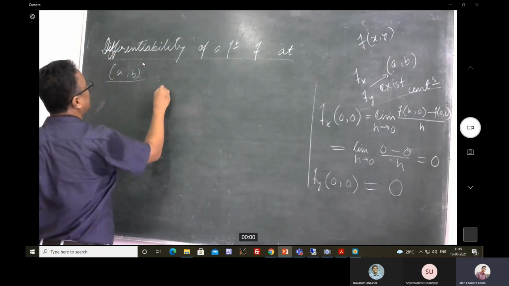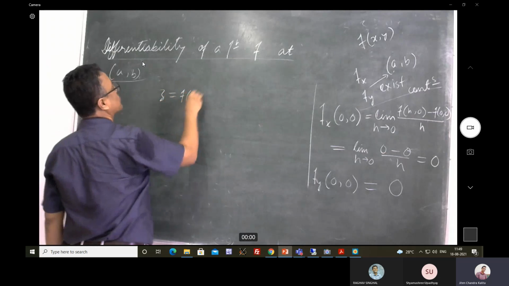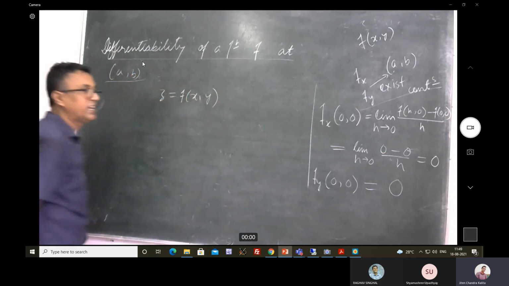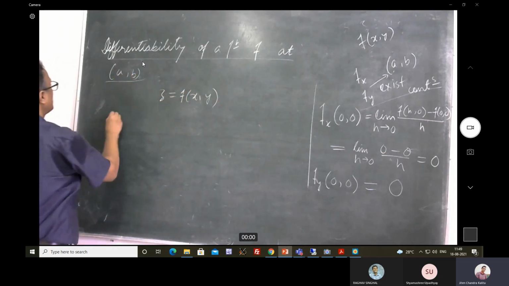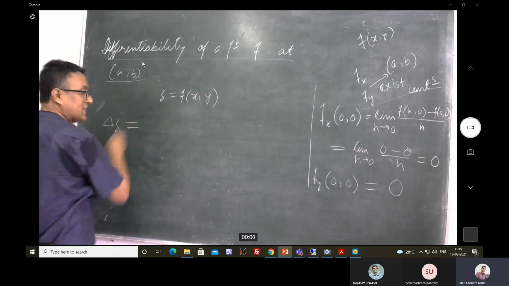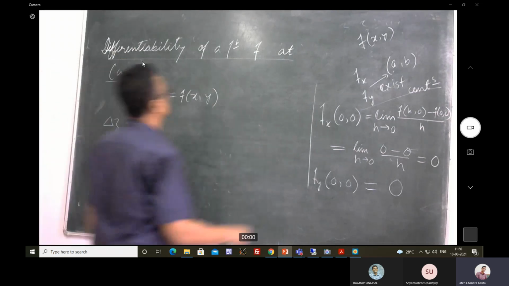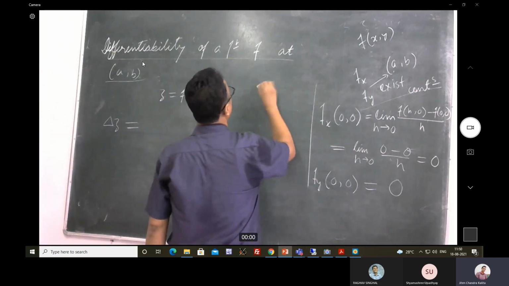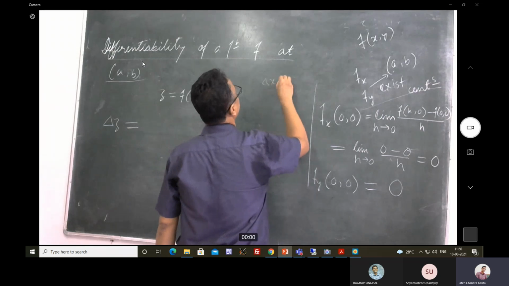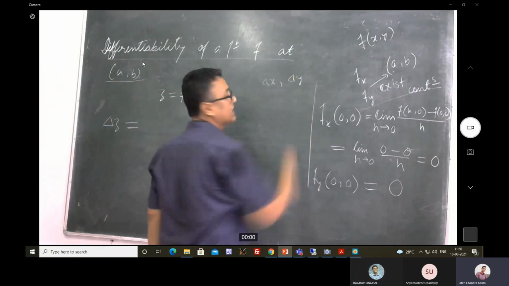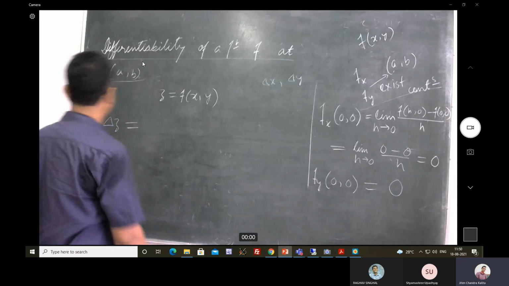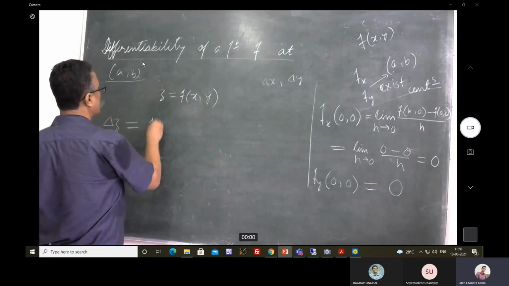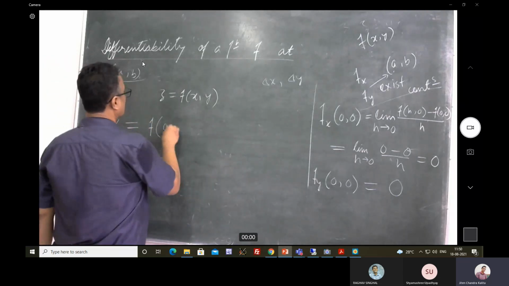If I denote z equal to f of x, y, then as before, delta z, if I consider increments delta x and delta y along the x and y directions, is simply going to be f(a plus delta x, b plus delta y) minus f(a, b).